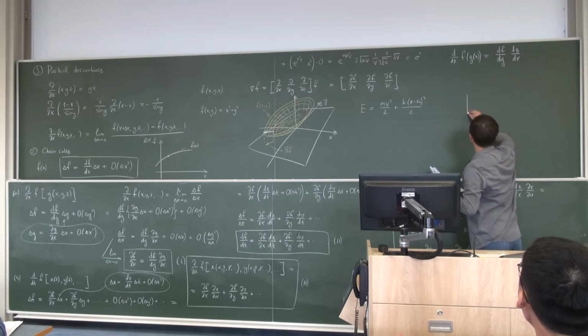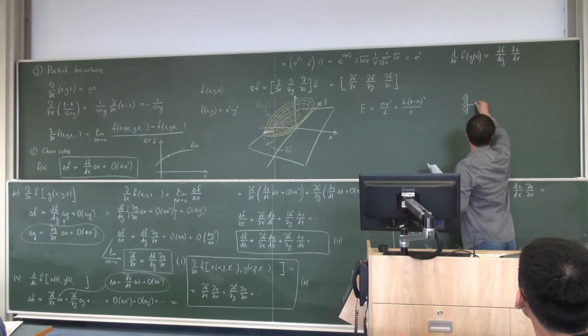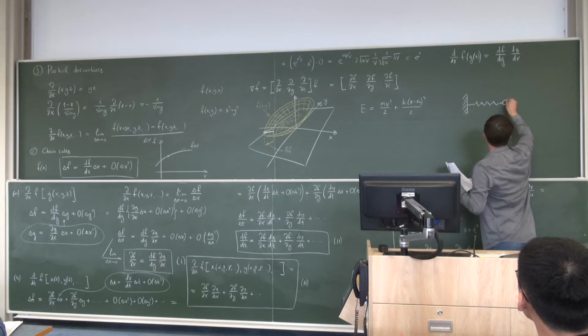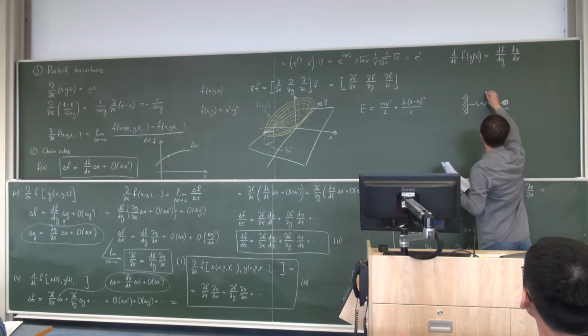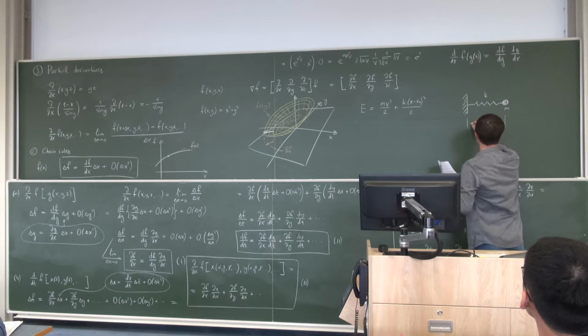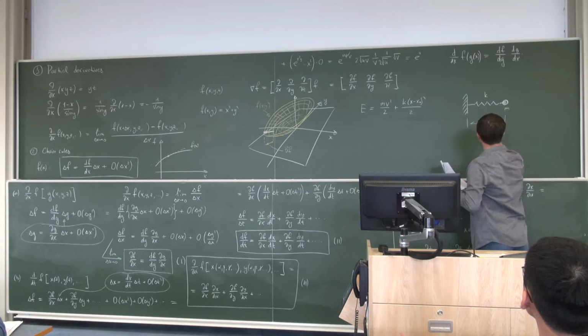If you remember the standard spring with a force constant k, and there being a mass here. So you will have some equilibrium length for this spring, x naught.